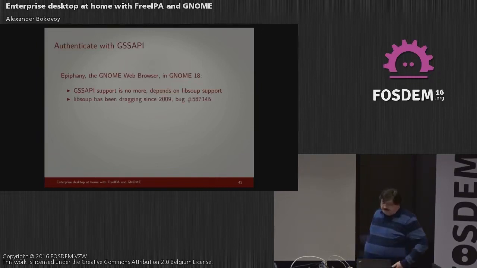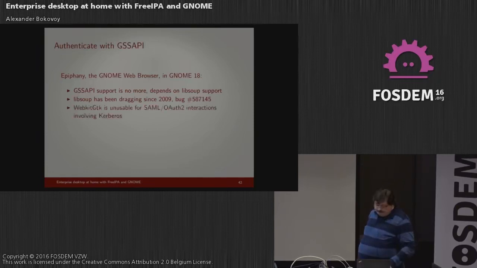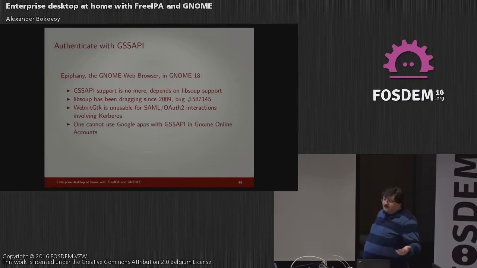And there is a bug open since 2009 that asks for adding this support, and it's still not there. WebKitGTK is not usable. So Epiphany is not usable with Kerberos. So for example, you cannot log in to Google applications with this one.